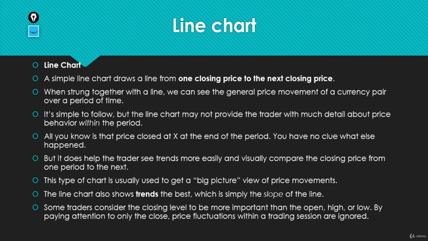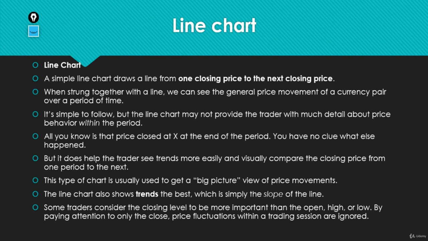It's simple to follow, but the line chart might not provide a trader with much data about price behavior within the period. All you know is that price closed at X at the end of the period. You have no clue what else happened, but it does help the trader to see trend more easily and visually compare the closing price from one period to the next.